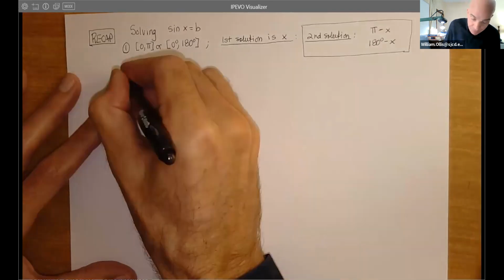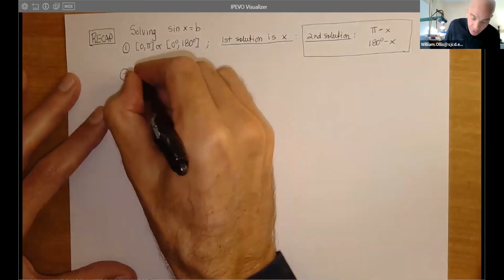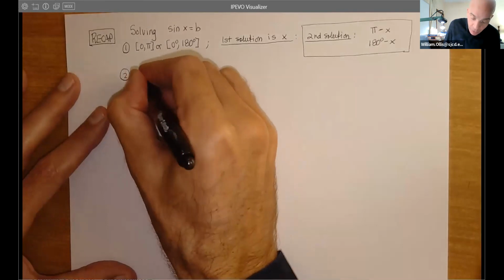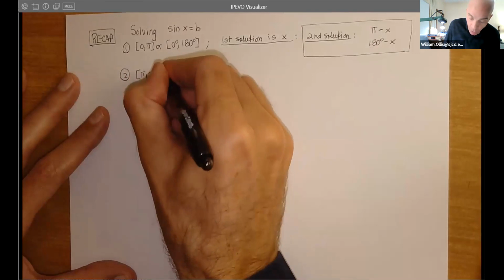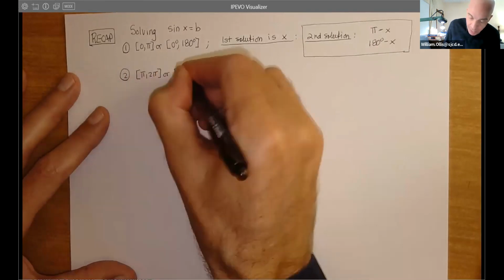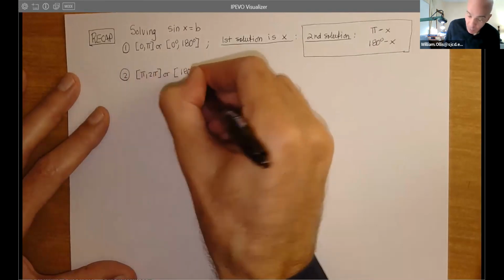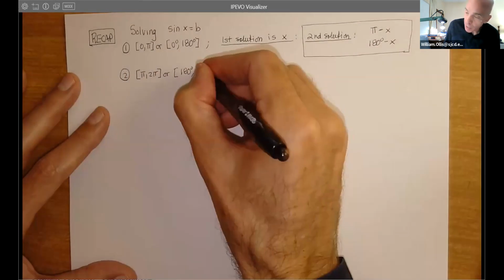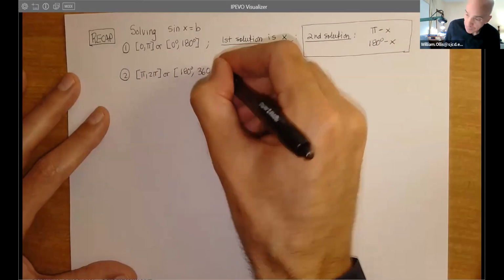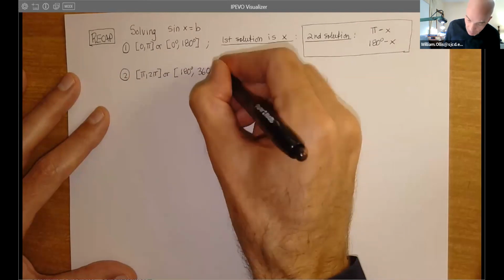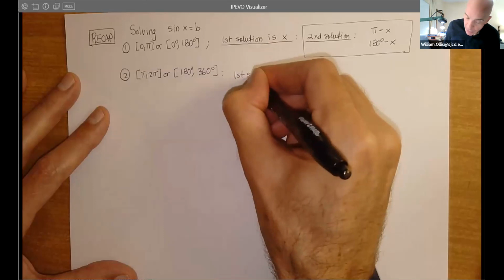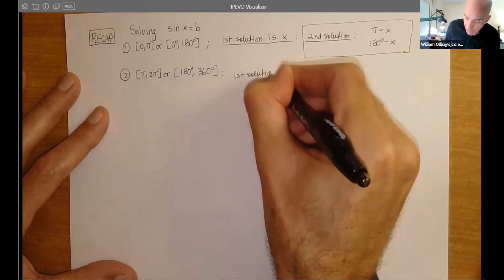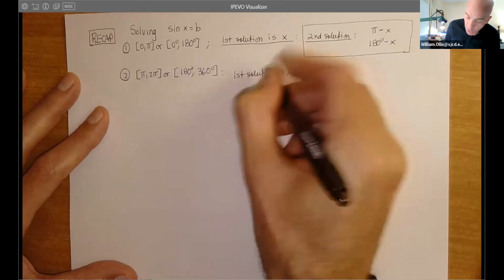And then two, if we're interested in the lower arc, that is pi to 2 pi, or 180 degrees, as I wrote in this problem, to 360 degrees. We'll have a first solution, let's call it x. So this is the one that you figure out.